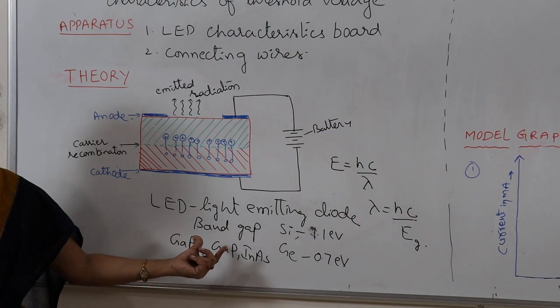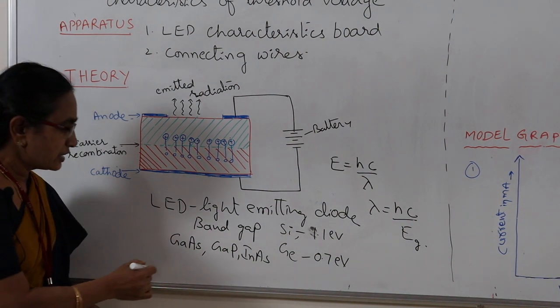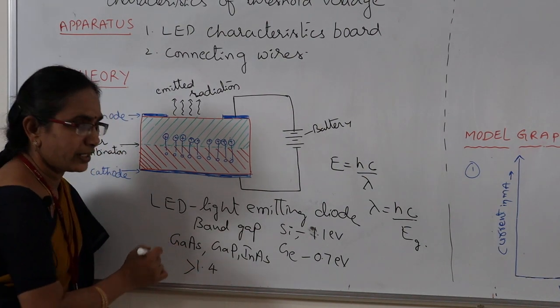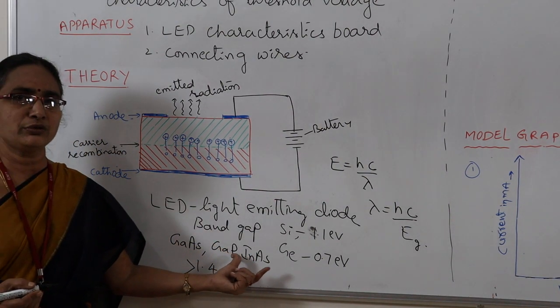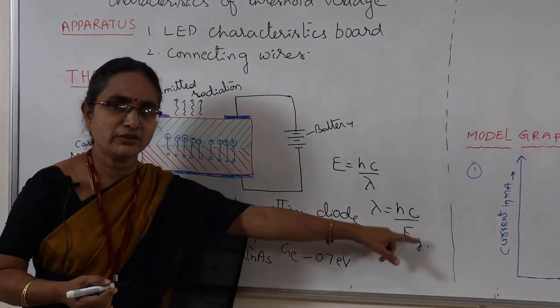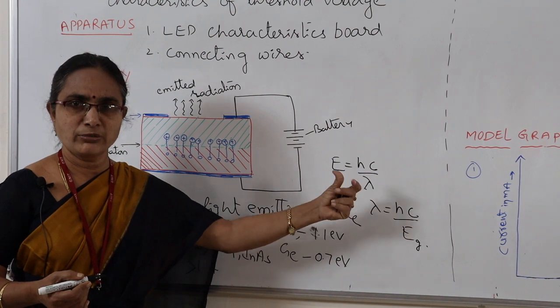The specialty of these materials is that the band gap is more than 1.4, ranging from 1.44 to 2.5 electron volts, so that if you substitute in this equation, you will get the wavelength in the visible range.